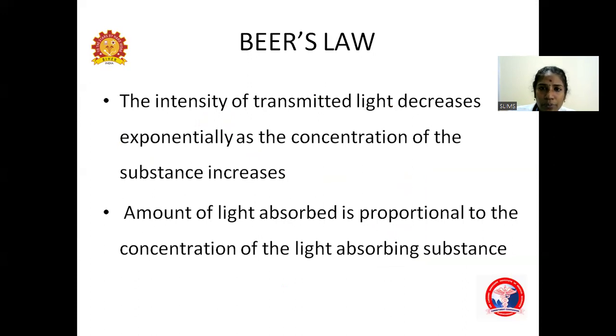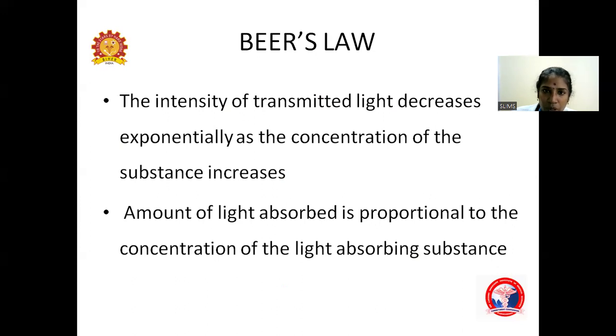So moving on to the Beer-Lambert law. The intensity of transmitted light decreases exponentially as the concentration of the substance increases, and the amount of light absorbed is proportional to the concentration of the light-absorbing substance.